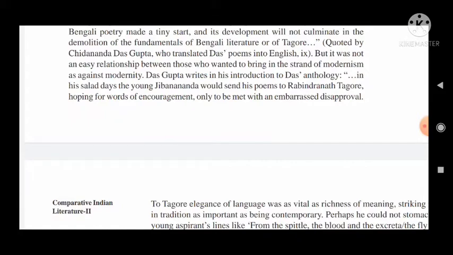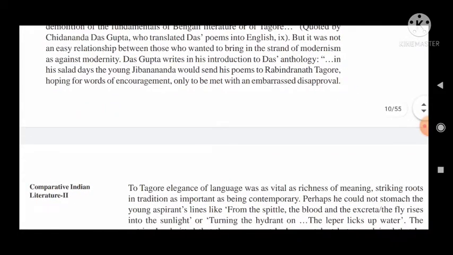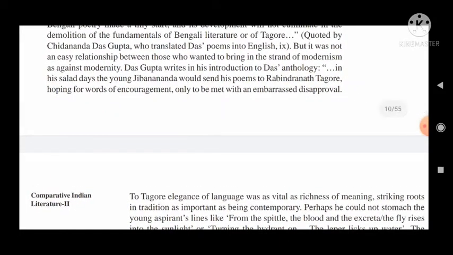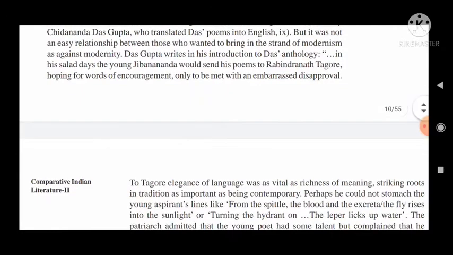But it was not an easy relationship between those who wanted to bring in the strand of modernism as against modernity.